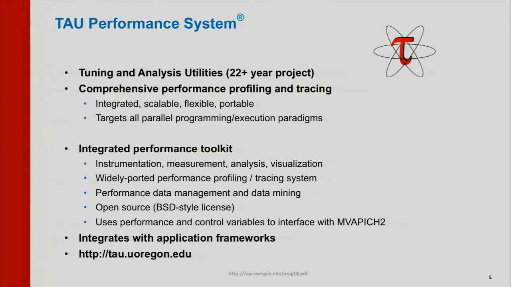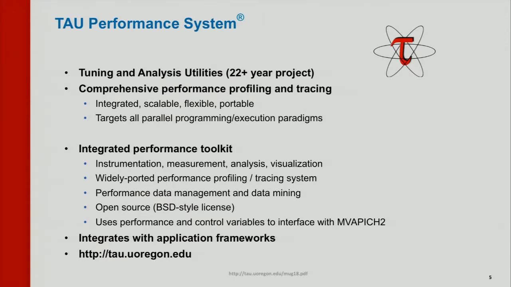And its key distinguishing factor is that it can easily integrate with application frameworks written in a variety of different languages, whether your application uses Python with CUDA or Python with Fortran or C++ with MPI, with OpenMP and pthreads.